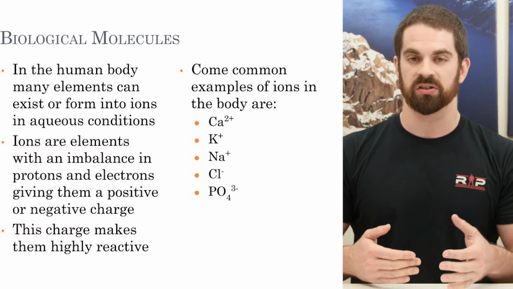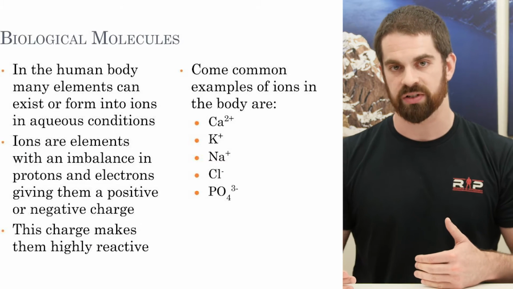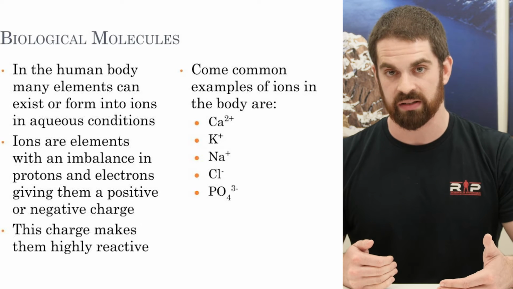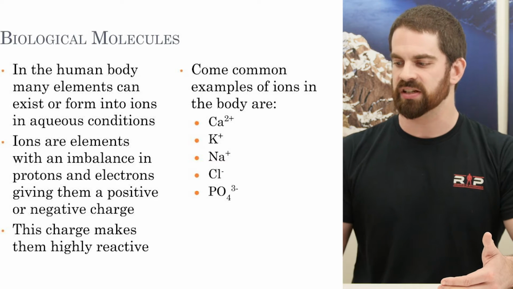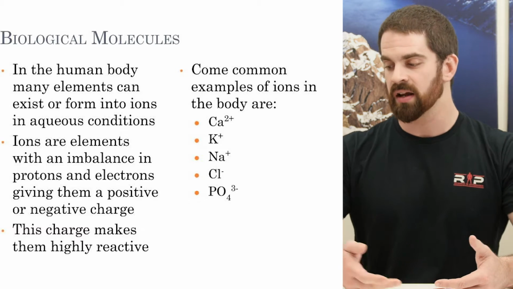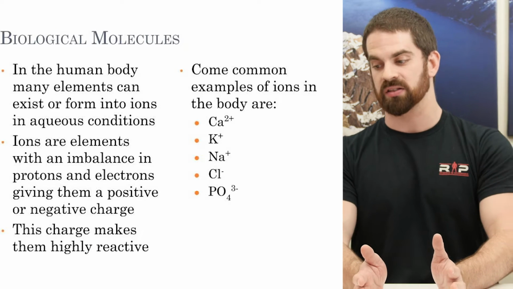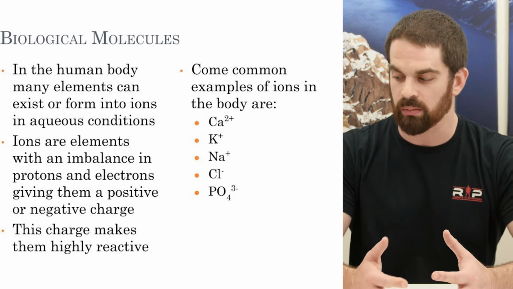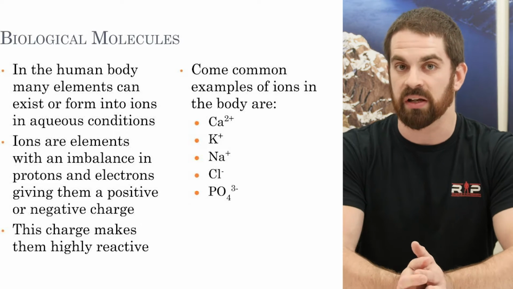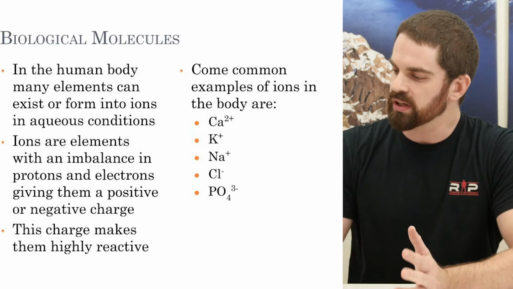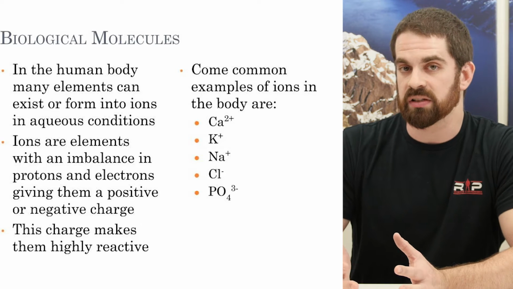This is usually as a result of an imbalance between the number of protons and electrons that that element is carrying. And so we can actually see some examples in the body. If you look at the slide, really common ones that we find are things like calcium, which you can see has a 2 positive charge, potassium, sodium, chloride, and then down there we have some inorganic phosphate, right?